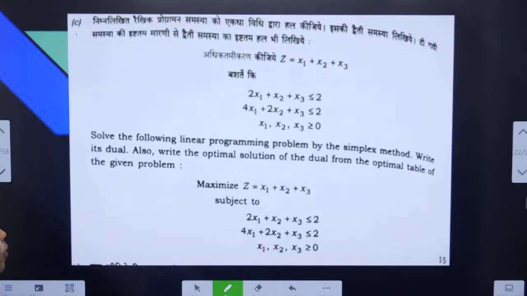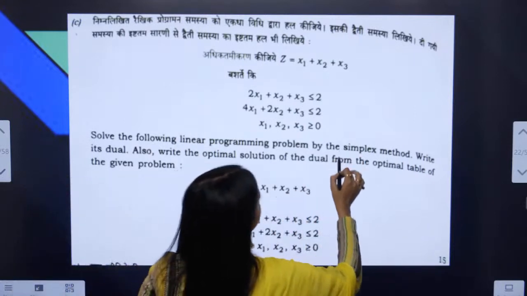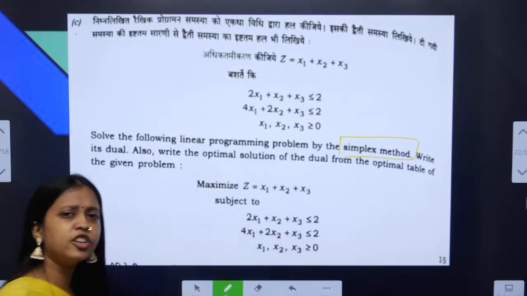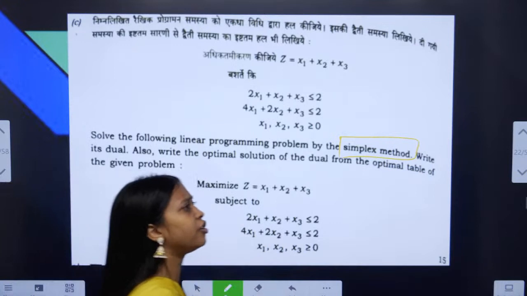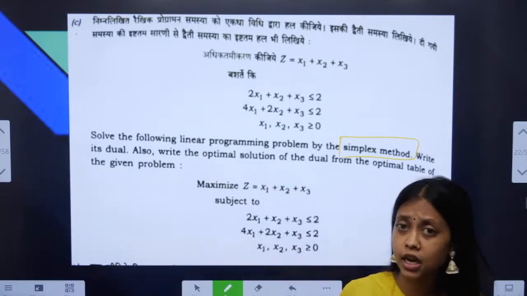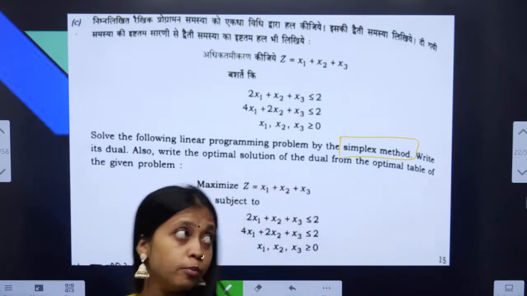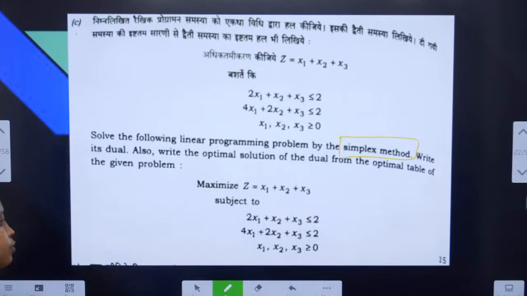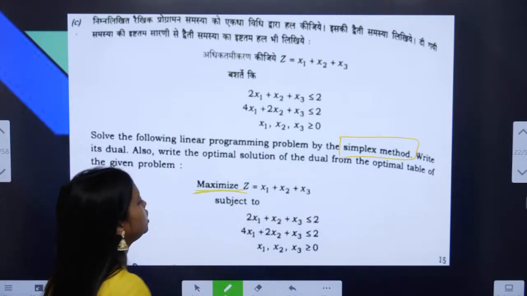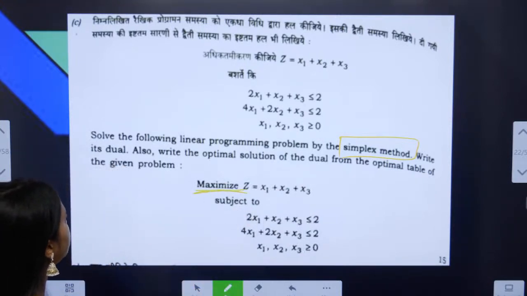Again, there was an LPP problem, and this is the very first method that we discussed, the simplex method. It requires the formulation of the table, and then optimizing the solution from that. The given expression is maximized, so you do not need to change it. There is one additional part: write the optimum solution of the dual from the optimal table of the given problem.